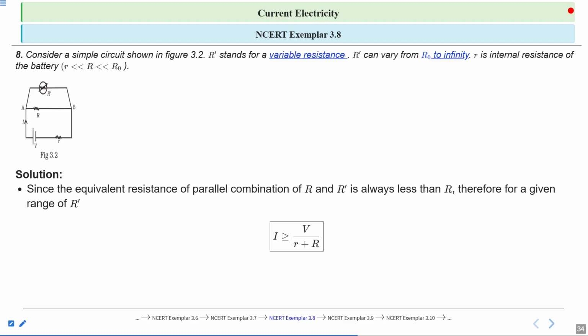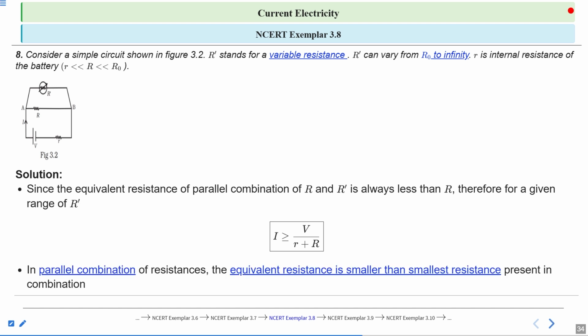When R dash becomes infinite and R equivalent becomes equal to R, then I is equal to V upon small r plus capital R. But when there is some finite value of R dash, R equivalent is less than R, so the current will be greater than this value. So I will be greater than or equal to V upon small r plus capital R.